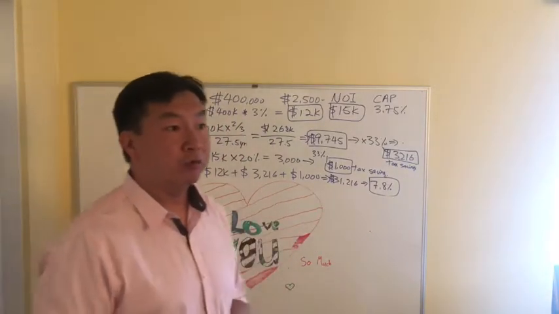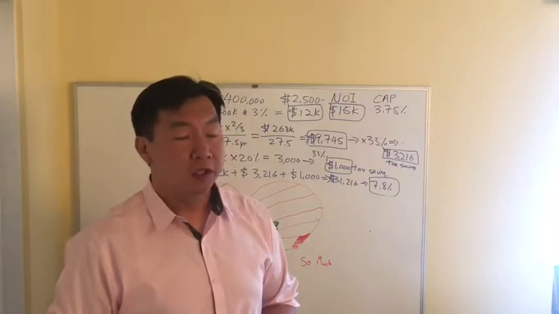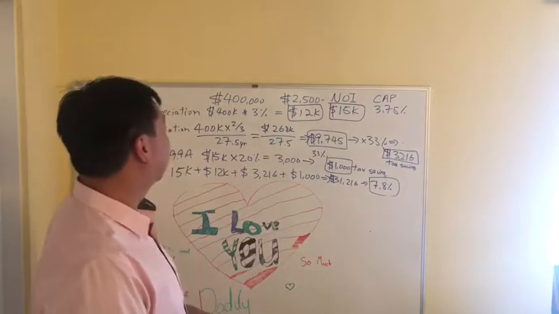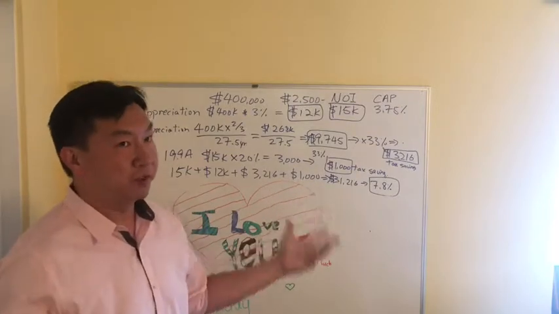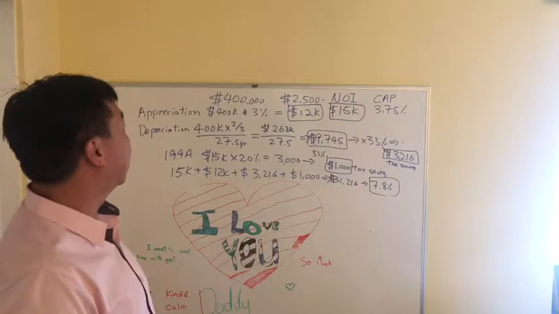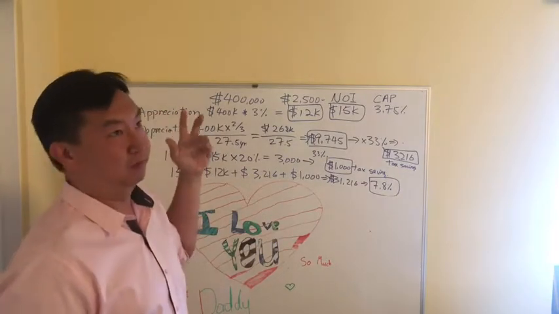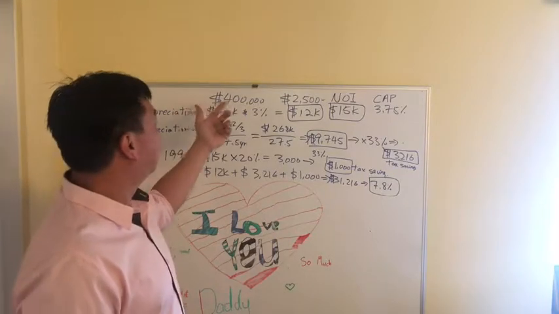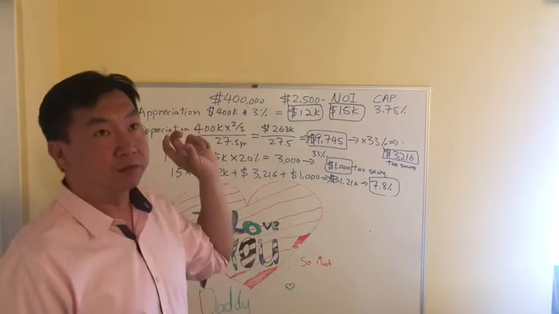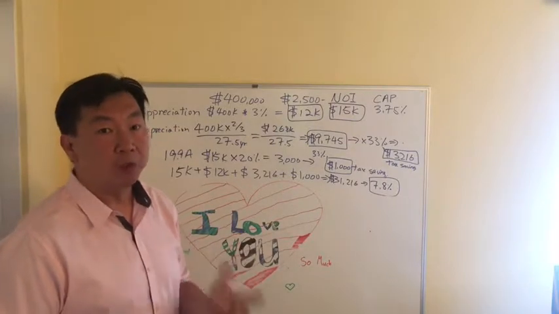Now that's pretty good with most people, but how do you make it better? One way is to fix it up and then charge more rent. But another way is through leveraging other people's money, in this case a bank. Let's take a look at what happens if you borrow $200,000 as a mortgage.